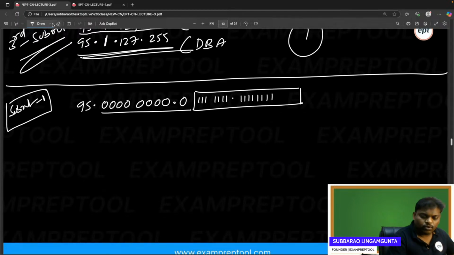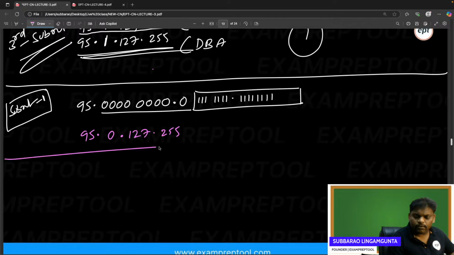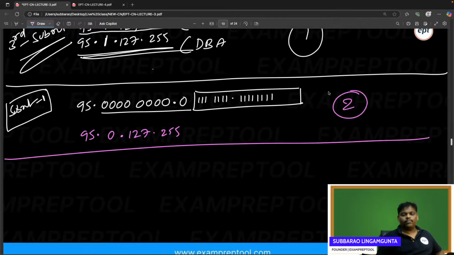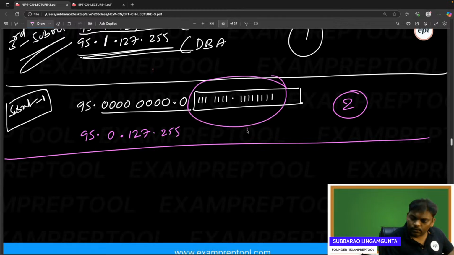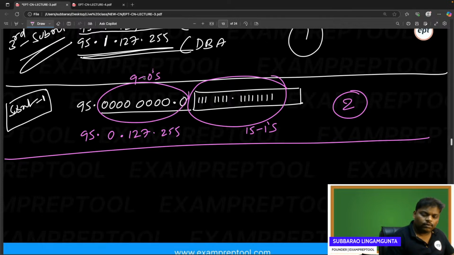If you observe clearly, this is 95.0.255, sorry, 127.255. It is the DBA, question number 2. So 15 ones and 9 zeros. Right? So it is the network.